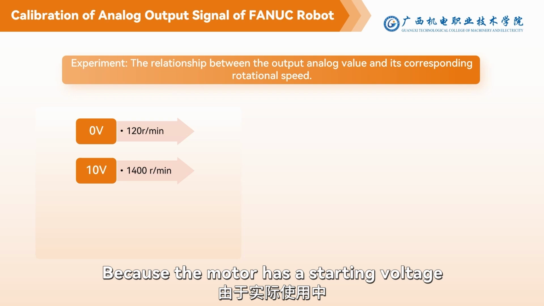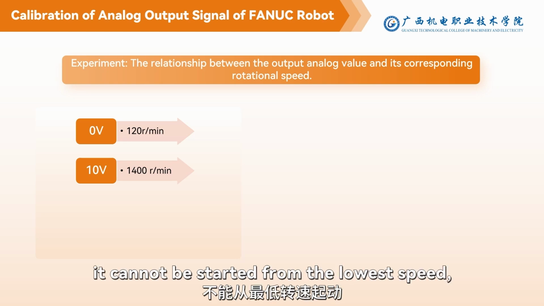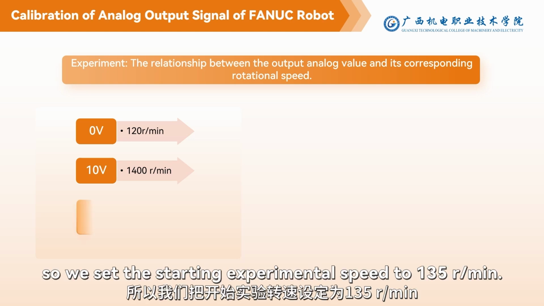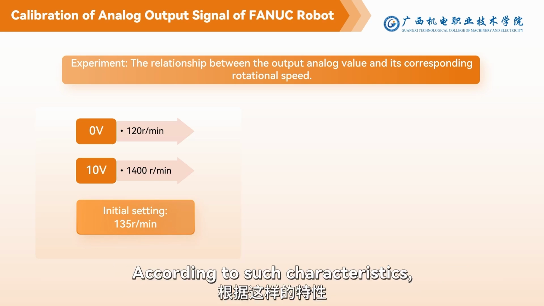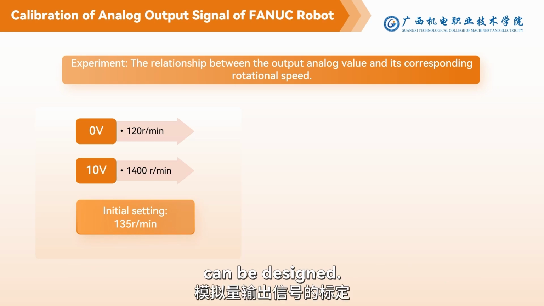Because the motor has a starting voltage in operation, it cannot be started from the lowest speed. So we set the starting experimental speed to 135 revolutions per minute. According to such characteristics, the following calibration of analog output signals can be designed.